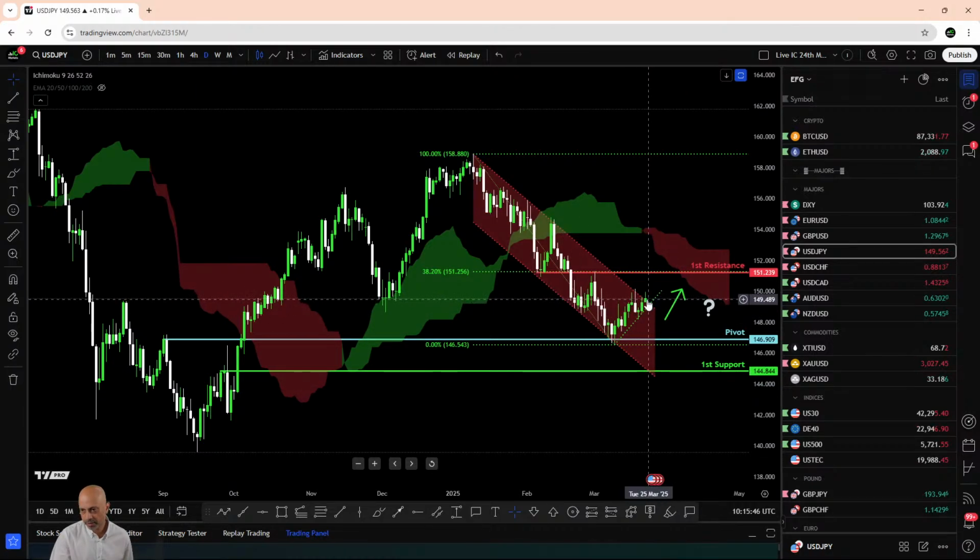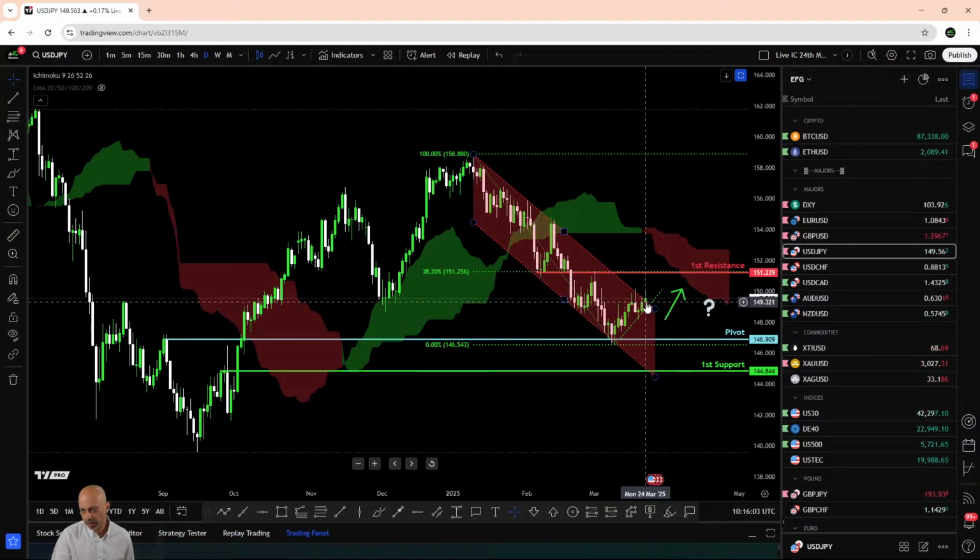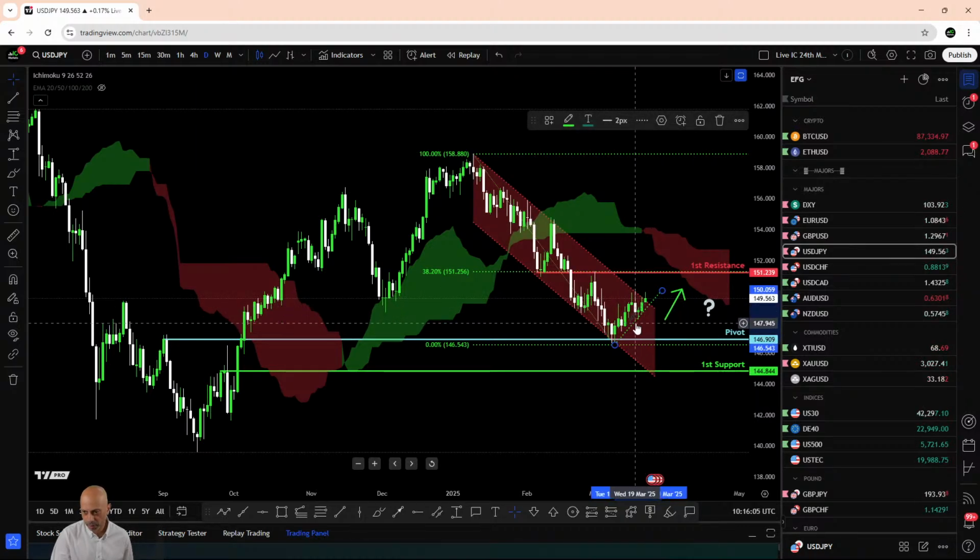So dollar yen is trading at a pretty important juncture here. It's trying to make a bullish break through the downward channel, and at the same time it is respecting this ascending trend line. If either one gives way, that's going to give us the direction for this currency pair. If we see dollar yen pull back and break below the ascending trend line, then I think this downward momentum is likely to pick up further, and we could see dollar yen resume the downtrend towards the pivot, which is an overlap support.